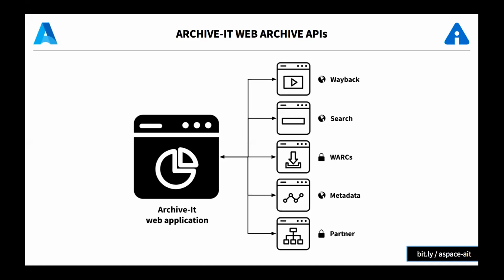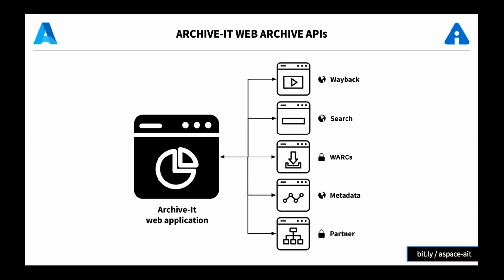The search API is full text search, so it allows the integration of full text search results into external websites or services. The work API allows for programmatic downloading of the web archive files.